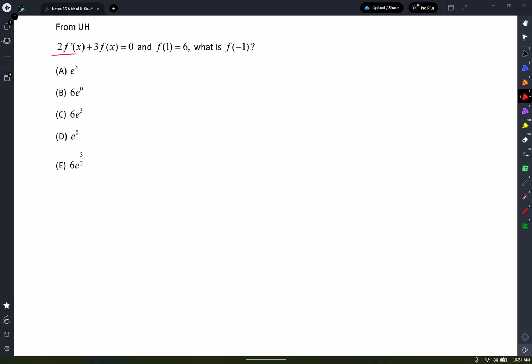I'm going to rewrite this as 2 dy dx plus 3y equals 0. I'm going to move this 3y to the right. So I'm going to go 2 dy dx equals negative 3y.